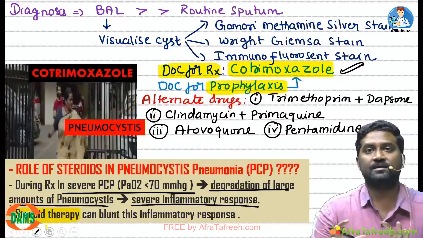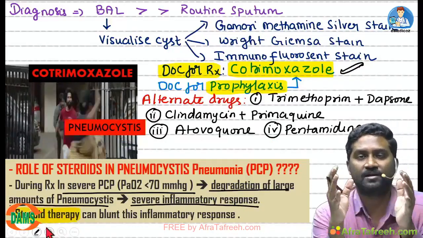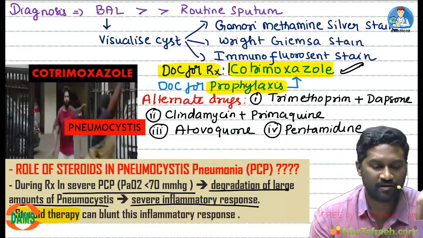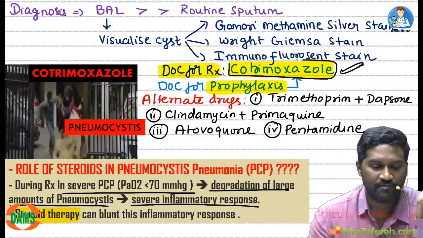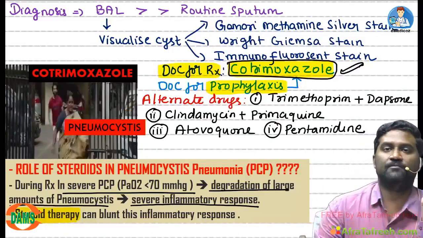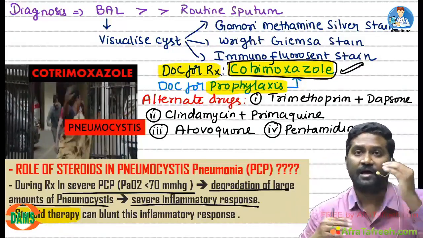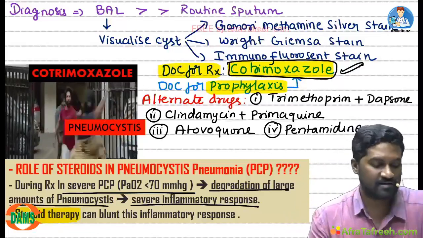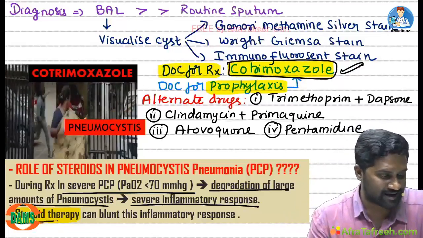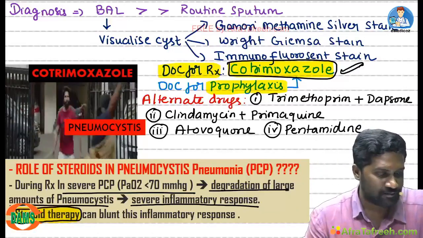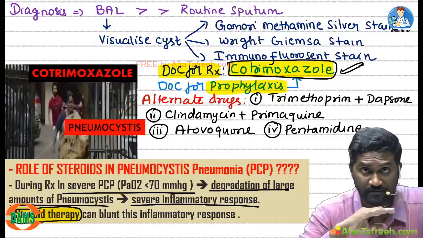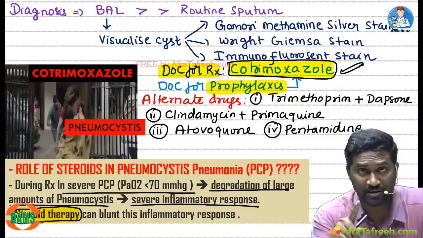It is just like a teamwork. So Bahubali and Katappa. Here Bahubali, the one who kills, is cotrimoxazole. So cotrimoxazole will kill the fungus, and whatever inflammatory response is generated is taken care of by steroid. Kindly remember, in severe pneumocystis pneumonia also the drug of choice is cotrimoxazole only.